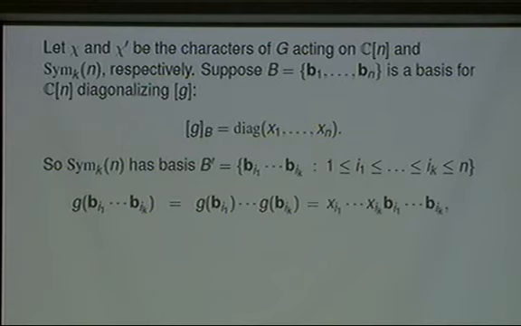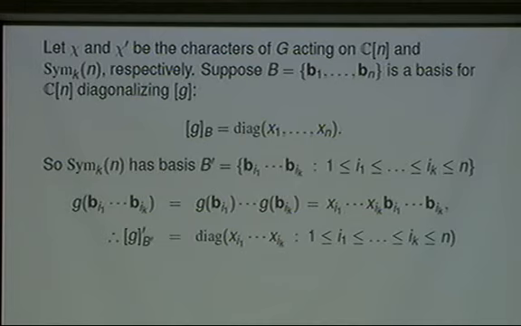And lo and behold, we have an eigenvector in the new action on Sim, where the eigenvalue is just the product of the corresponding x's for these b's. So these eigenvectors from the original basis lift to eigenvectors in Sim.